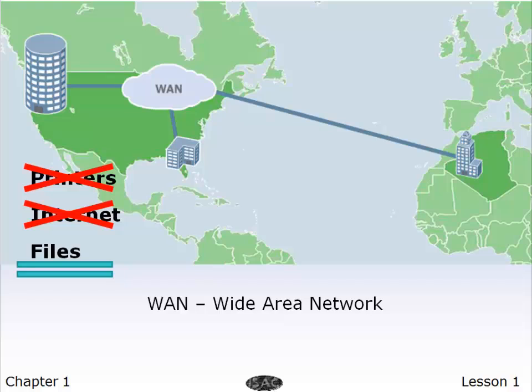So let's define WAN, wide area network. A WAN, or wide area network, is a network that connects LANs, or local area networks, over large geographical distances. Understand? Okay.